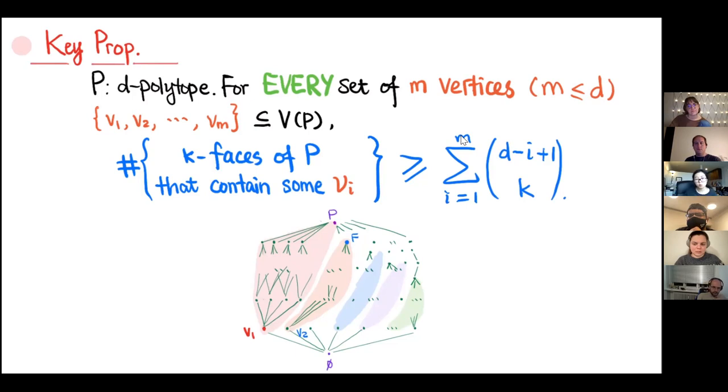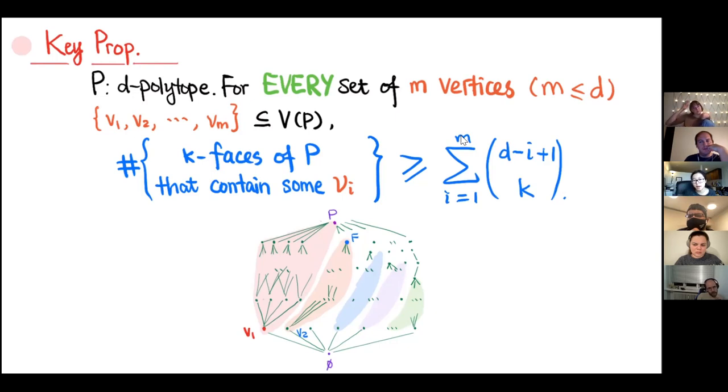So when we move to V2, we want the k faces of P that contain V2, but we want to avoid V1. So instead of the vertex figure at V2, we look at still the vertex figure, but inside a facet of P. To me, it feels like we're sacrificing a dimension to avoid overcounting.